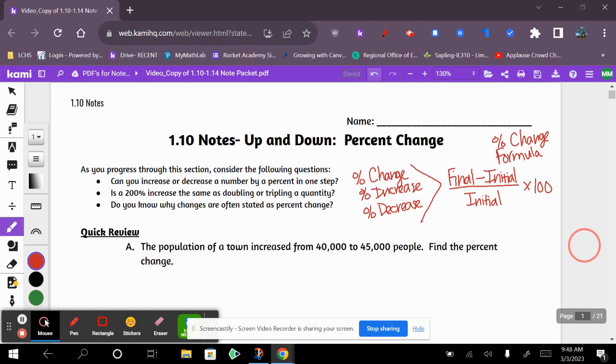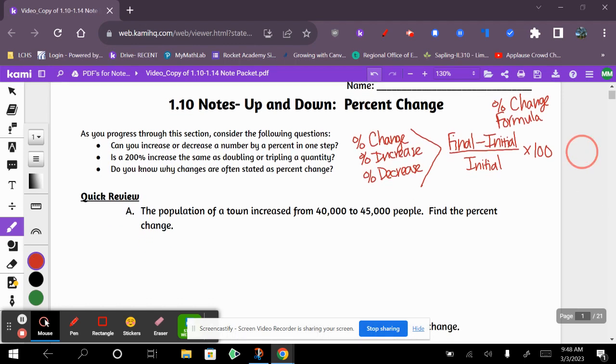Okay, so looking at A, it says the population of a town increased from 40,000 to 45,000 people. Find the percent change. So your initial amount is the 40,000. Your final amount is the 45,000. So we're going to do final minus initial divided by the initial amount. So this will be 45,000 minus 40,000 divided by 40,000.